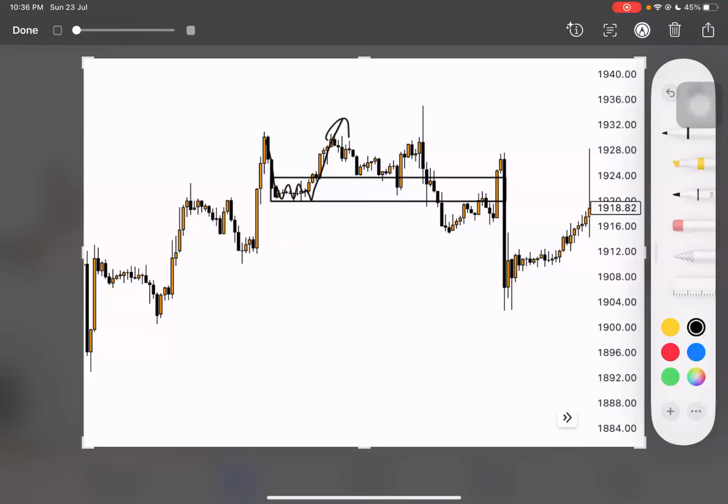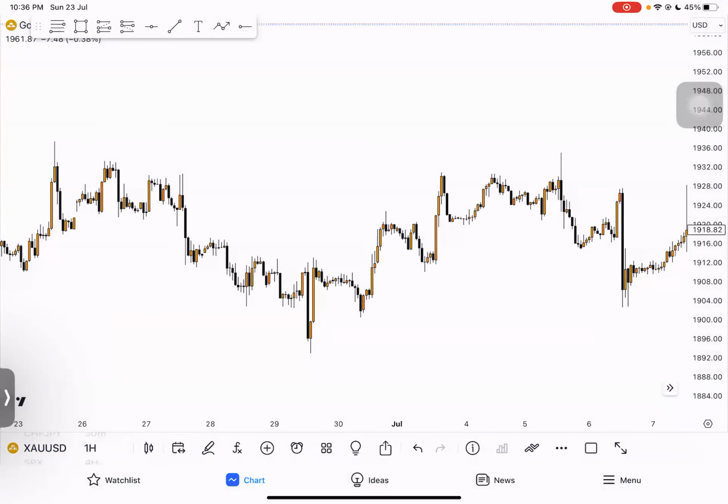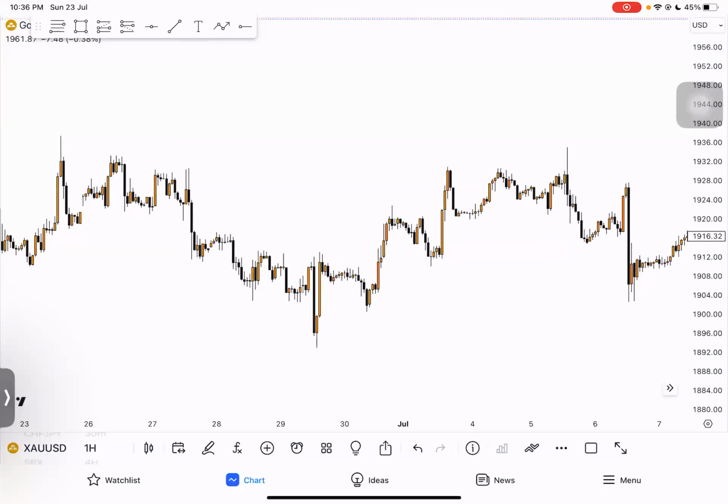So when you pull back here, this shows the confirmation of rejection. Then you pull back again, you can enter. This is your entry. Your SL will always be below the zone, maybe 10 to 20 pips. It depends on your time frame also sometimes.